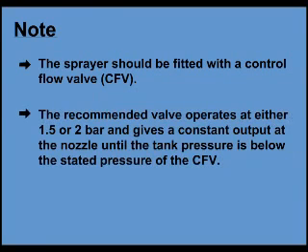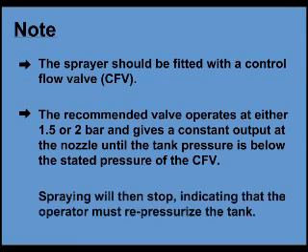The recommended valve operates at either 1.5 or 2 bar and gives a constant output at the nozzle until the tank pressure is below the stated pressure of the CFV. Spraying will then stop, indicating that the operator must repressurize the tank.